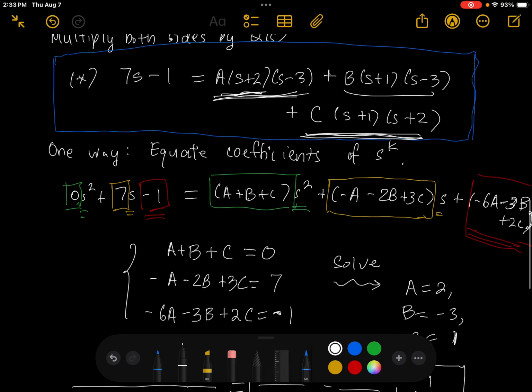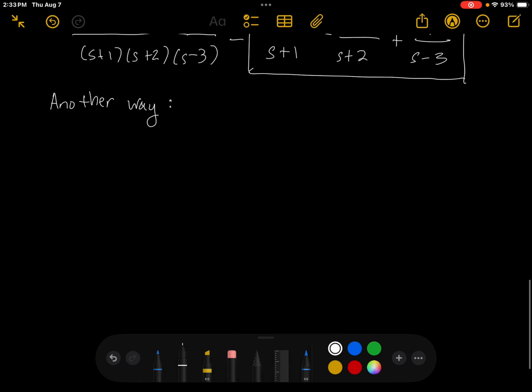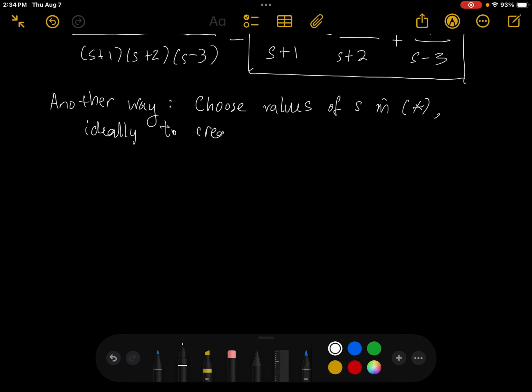Okay, let's see what happens if you plug in S. So the idea is to choose values of S in that start equation, ideally to create zeros.